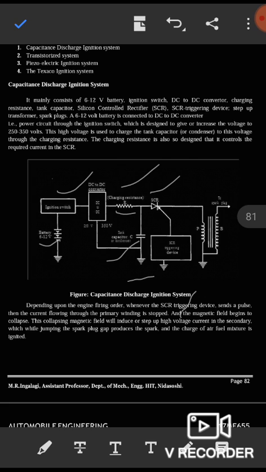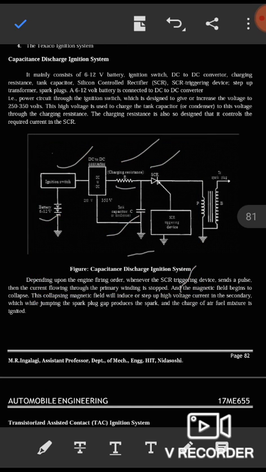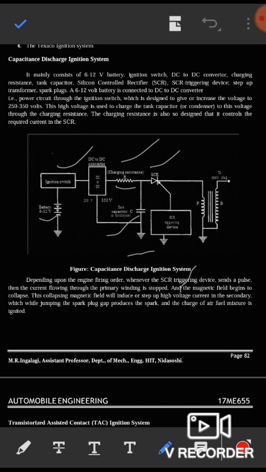Now we will see the construction and working of this capacitance discharge ignition system. It mainly consists of a 6 to 12 volt battery, an ignition switch, a DC to AC converter, a charge resistance, a tank capacitor, a silicon controlled rectifier, an SCR triggering device, a step up transformer, and spark plugs.